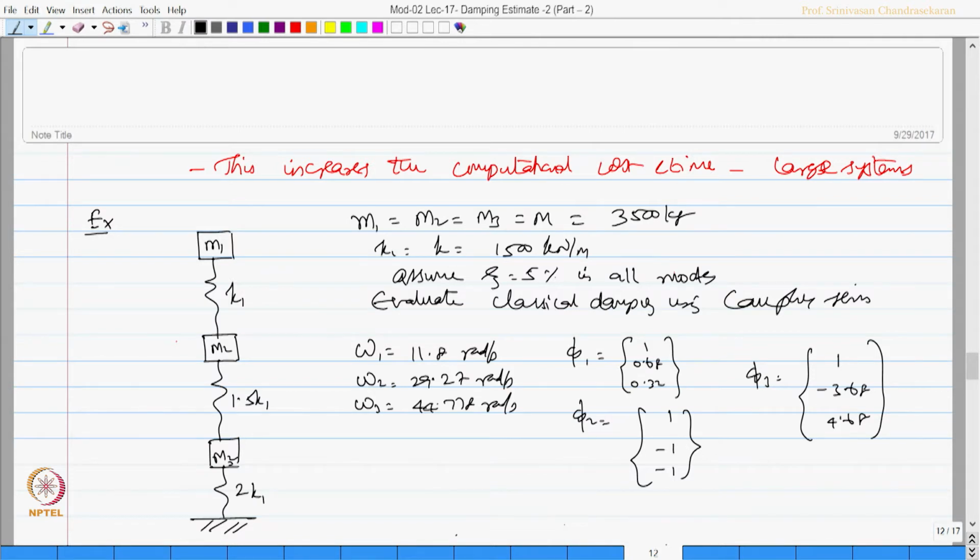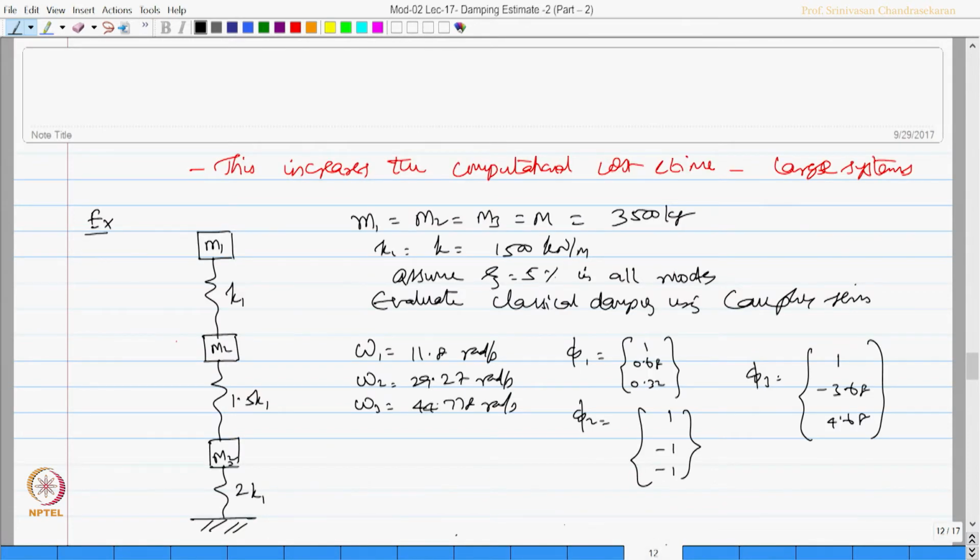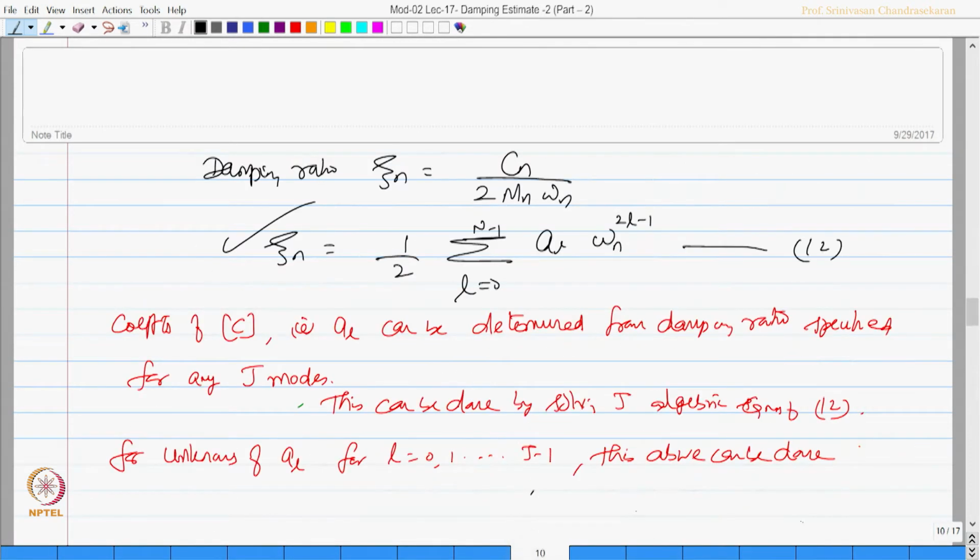This we already know. So, we know that 2 zeta n is equal to A 0 by omega n plus A 1 omega n plus A 2 omega n cube. This is actually the value what we have from this equation. Okay. So, 2 zeta n, we are taking 3 terms of the series, 0, 1 and 2. So, A 0, A 1 and A 2.